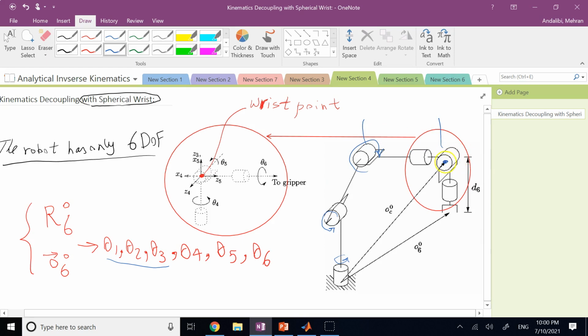And since from the wrist to the end effector is also a specific distance, d6, the location of the end effector could be determined once I know the angle of this rotation.